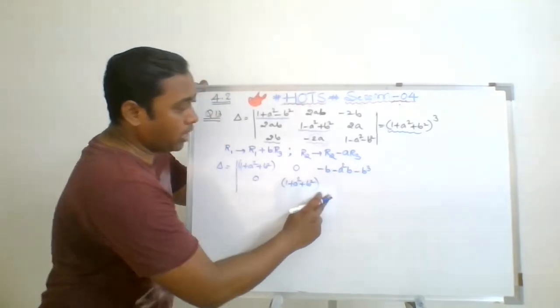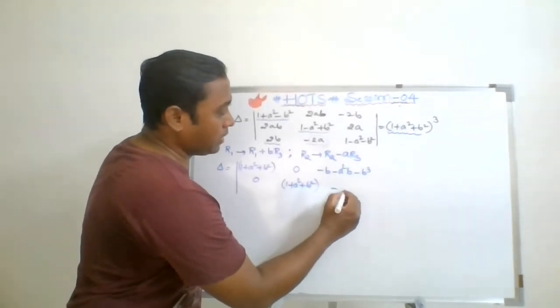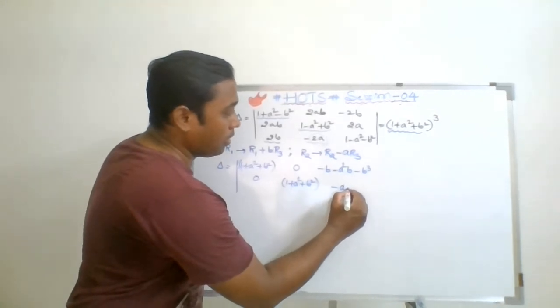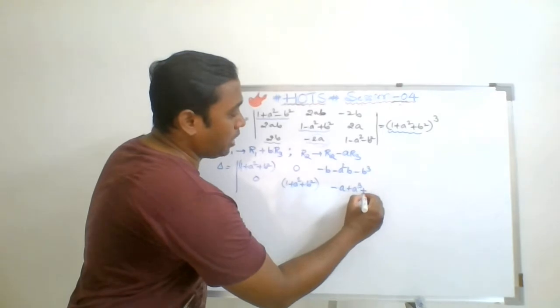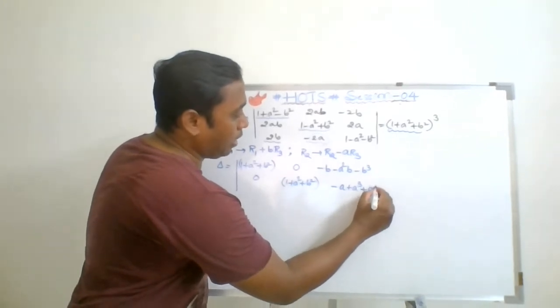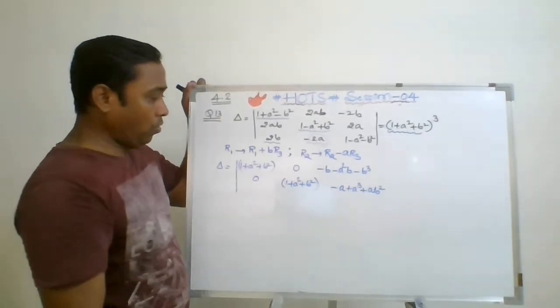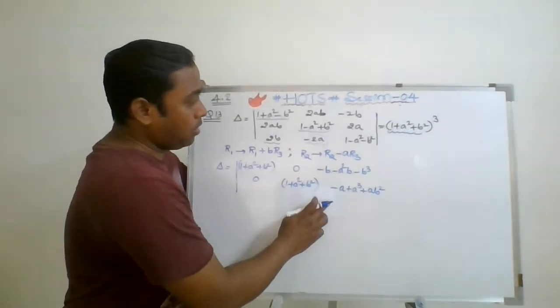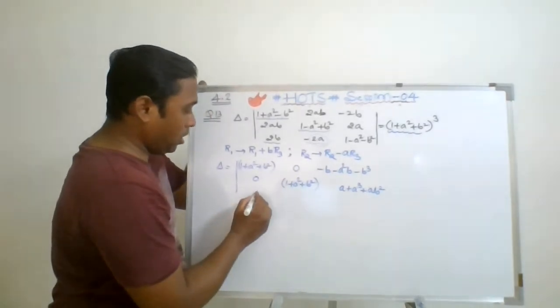And the third one, if you imagine, it will become minus a plus a cube plus ab square. Okay, so what we get here? No, it becomes plus a, right? Now, the third row remains same.